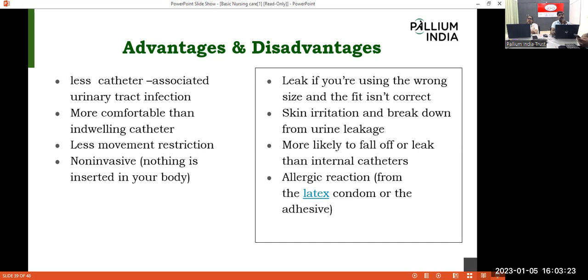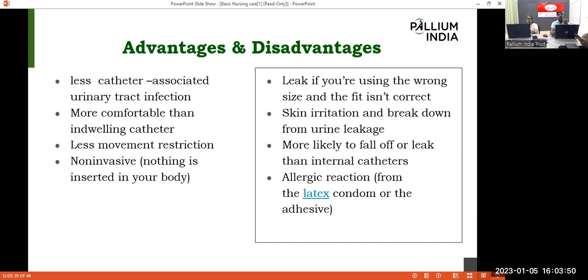Then some disadvantages of the urocondom application, because there is a chance for leakage. The urocondom is available in large and medium sizes. If the proper size is not used for that person, it will cause leakage of urine. It is one of the disadvantages.